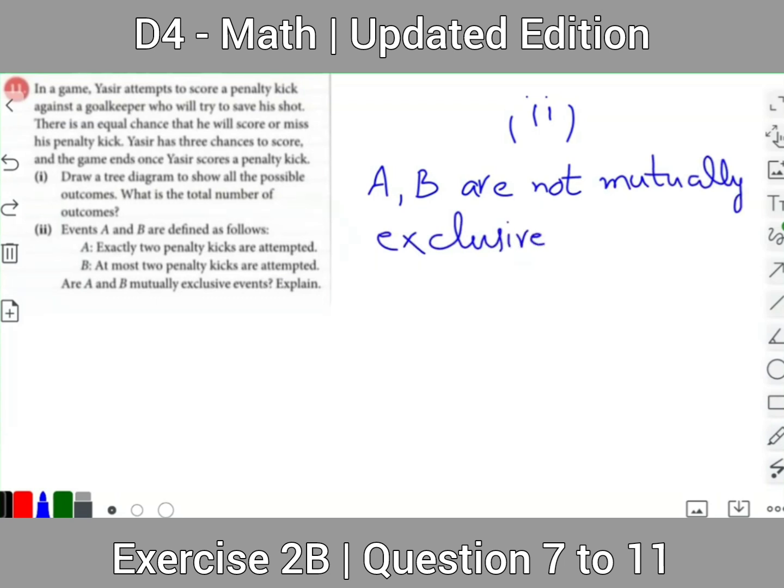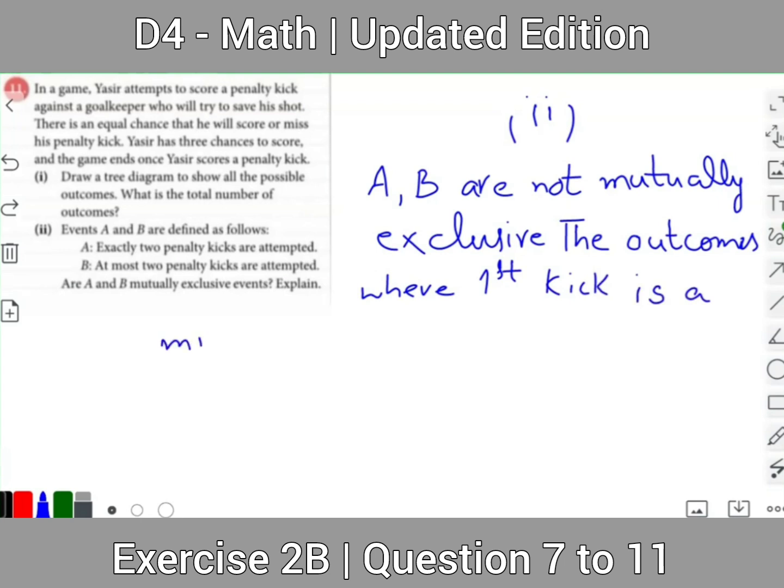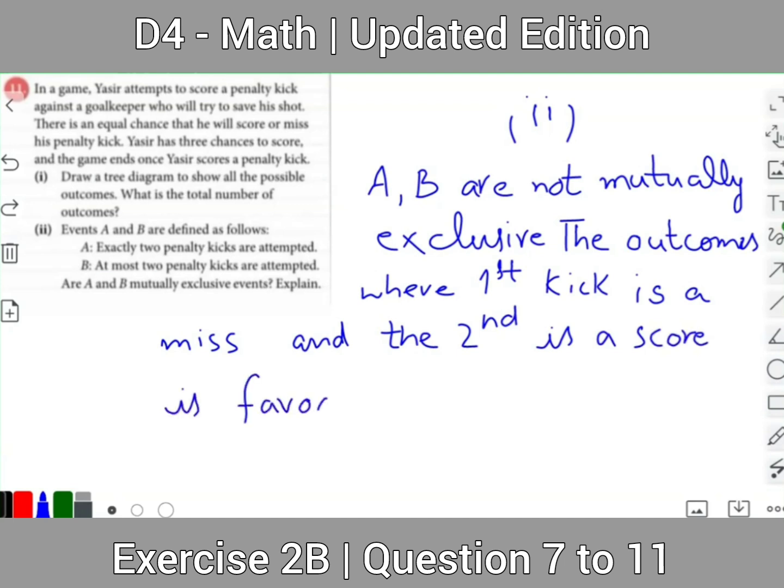The outcome where the first kick is a miss and the second is a score is favorable to both events.